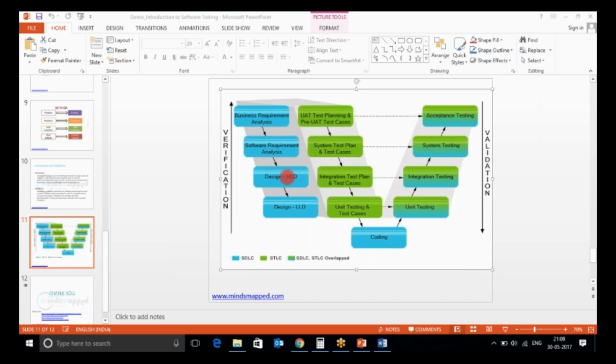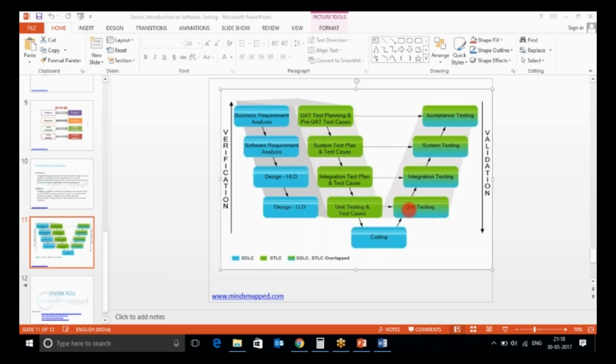During the high level design and low level design phases, the integration test plan and test cases are being created, and the unit test cases are being created by the developers. This is the responsibility of the developer. Once the developer is done with the coding, his job is to do the unit testing.